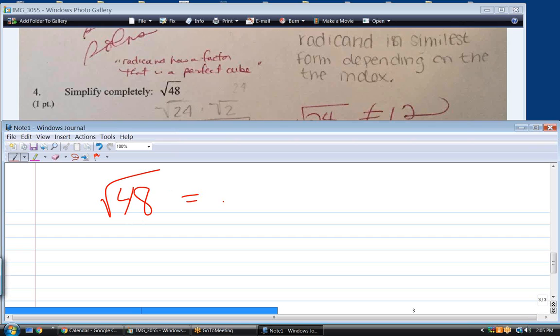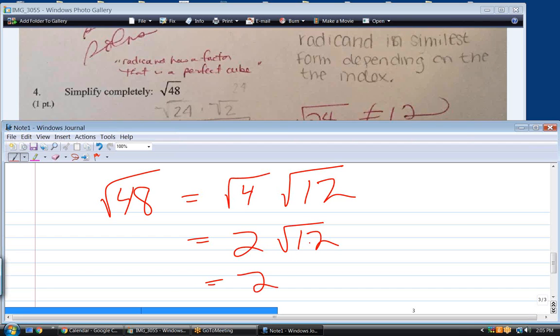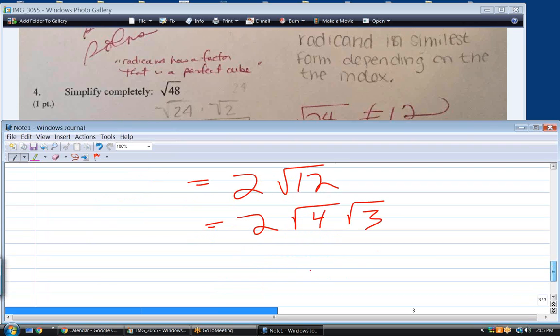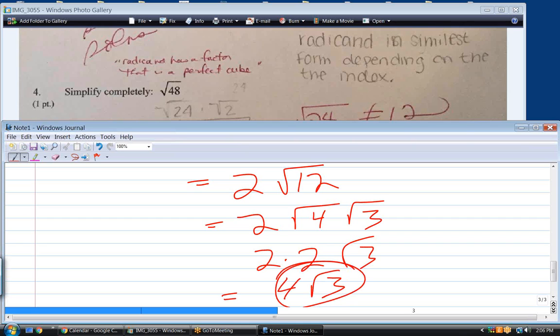So if I did that, it's going to get you to the right answer, or it may be a little longer, because now that becomes 2 root 12, but root 12 can also be divided by 4. And now I have 2 times 2 root 3, which gets me to that final correct answer. Gotcha.